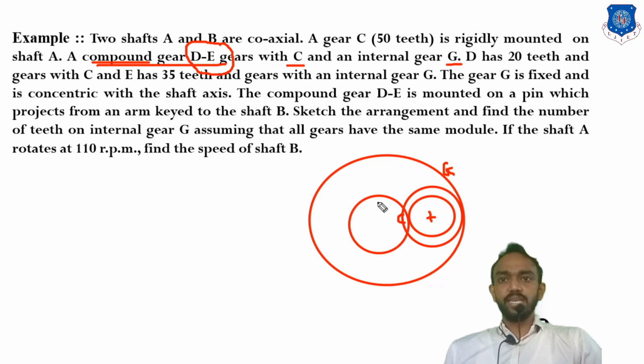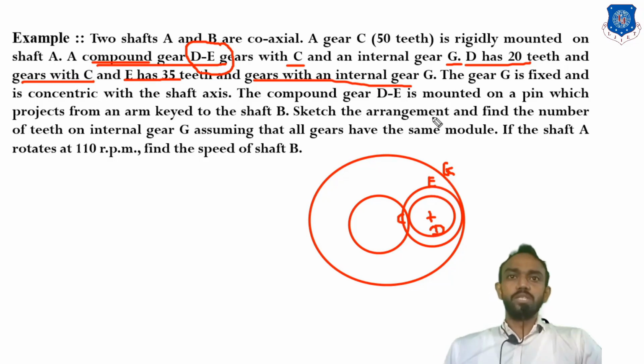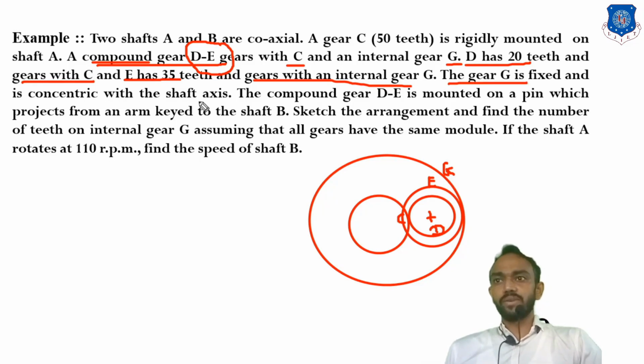So C is here, G is here, but D and E, which is connected to which, we have to read this. D has 20 teeth and gears with the C. So D is connected, so this is considered as D. And E has 35 teeth and gears with the G. So this outer will be E. So C is connected to D, D and E on the same shaft, and E connected to G. G is fixed and concentric with the shaft axis.